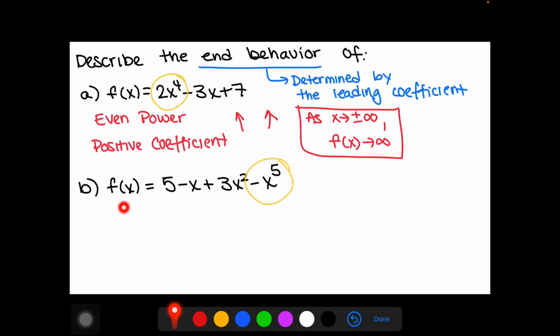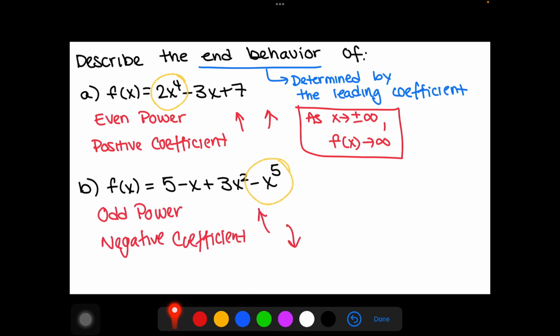In my second example, we have the function f of x equals 5 minus x plus 3x squared minus x to the fifth. The leading term is the largest power of x. Negative x to the fifth is an odd exponent with a negative coefficient.